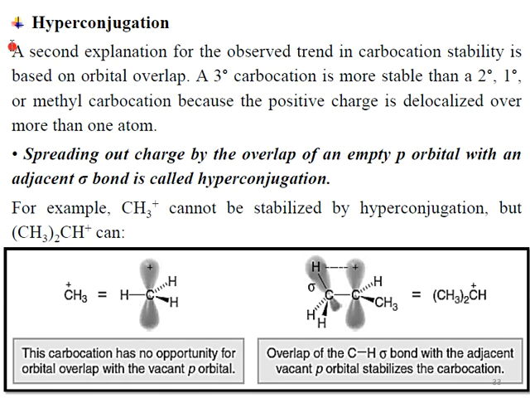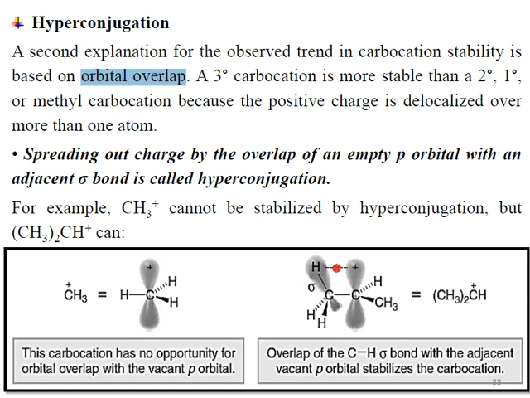And here is the second explanation of how the alkyl group stabilizes the positive charge on the carbon atom: hyperconjugation. This second explanation for the observed trend of carbocation stability is based on orbital overlap. What does overlap mean? If you have a positive charge, an empty orbital, and near it an alkyl group like CH3, the positive charge will be slightly delocalized with the hydrogens through overlapping of the orbitals.